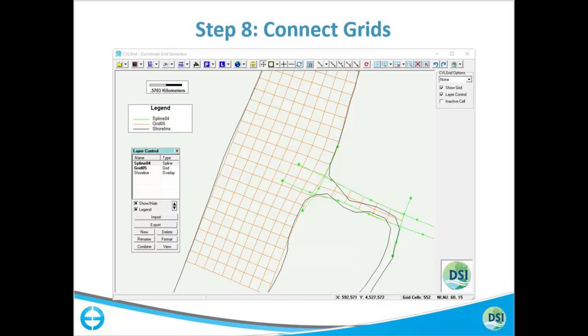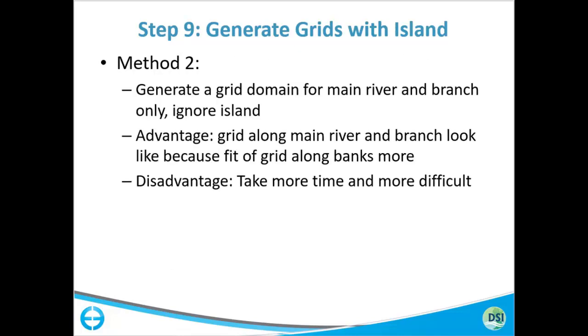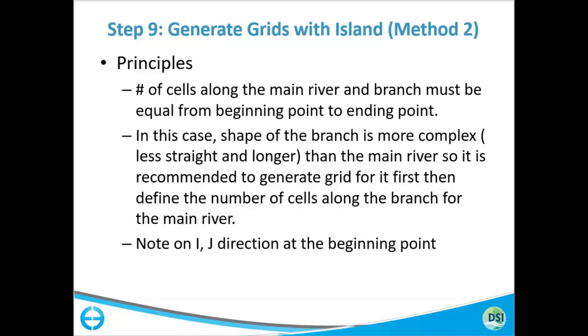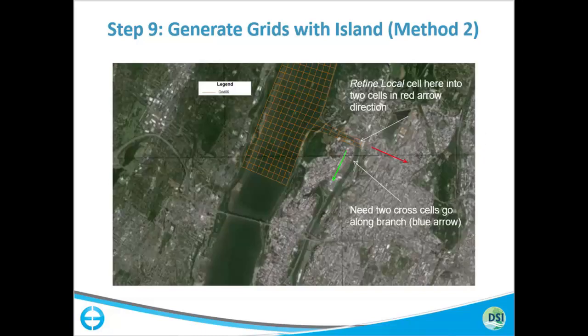So what we're going to do is first create a grid along this branch, and then count the number of grid cells on this channel. Let's go over it. First we create a grid up to this point. Now it's going in this direction, so we create splines in this direction.